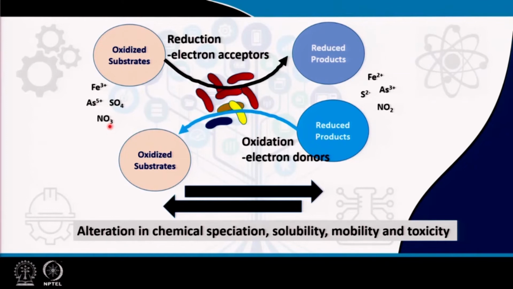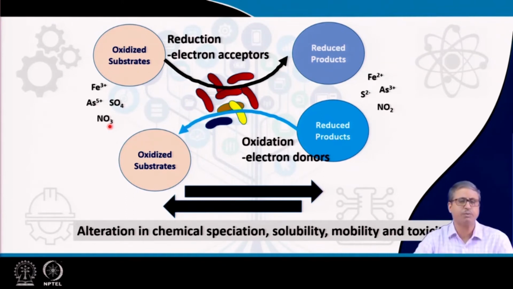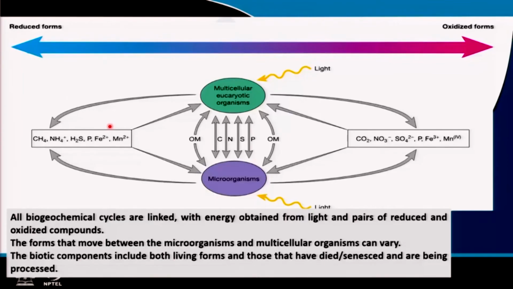So, these redox transformations are facilitated, catalyzed by specific groups of microorganisms owing to the presence of specific enzymes. These reactions convert some molecules to other molecules with altered physicochemical properties, which are often connected to their solubility, in the sense of their water solubility, their mobility within the environment, and also their toxicity.